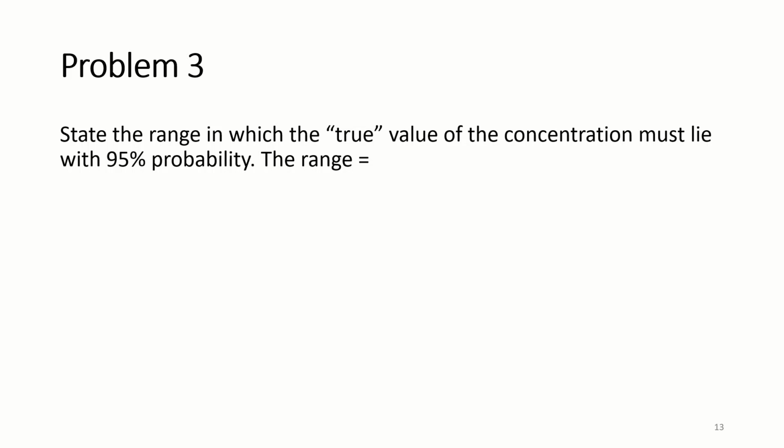So I have to look at the z value at 95% probability. Z value at 95% probability is 1.96.